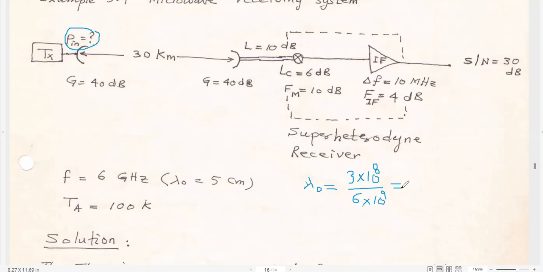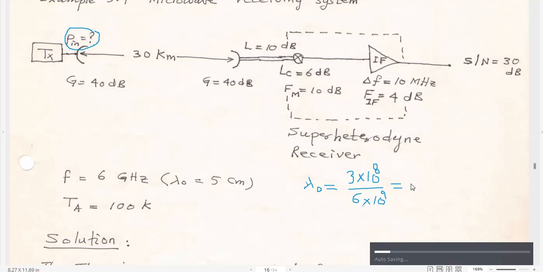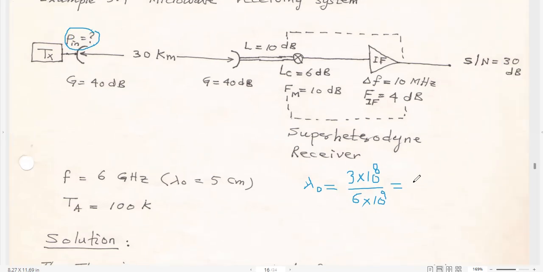This is 3 over 6, which is 0.5, divided by 10, giving 0.05 meter. 0.05 meter is 5 centimeters, as we can see. The antenna temperature is 100 Kelvin.